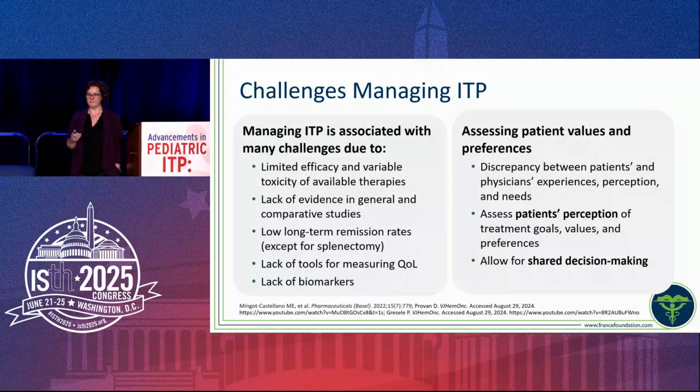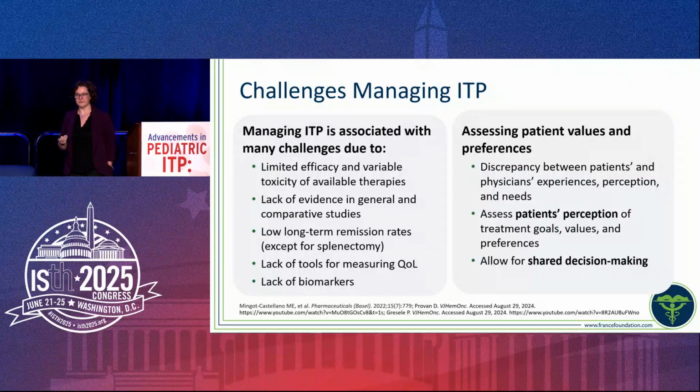So I think we need better assessments. We need better assessments of quality of life. We need some biomarkers. It would be really, really nice if I could see a patient on that first visit and say, okay, well, your ITP is going to respond to this treatment. And so when we pull the trigger on treatment, this is what we should do.